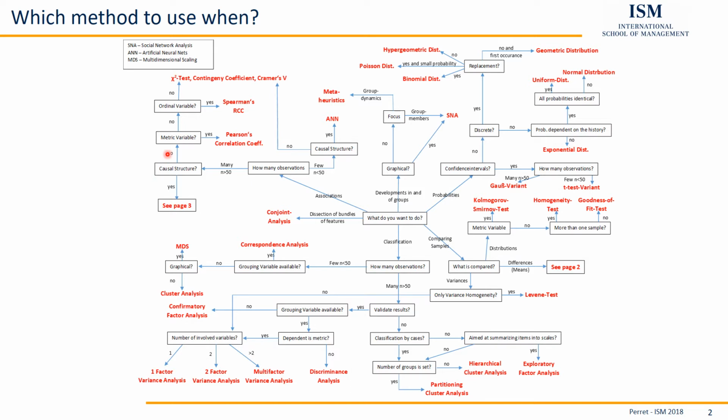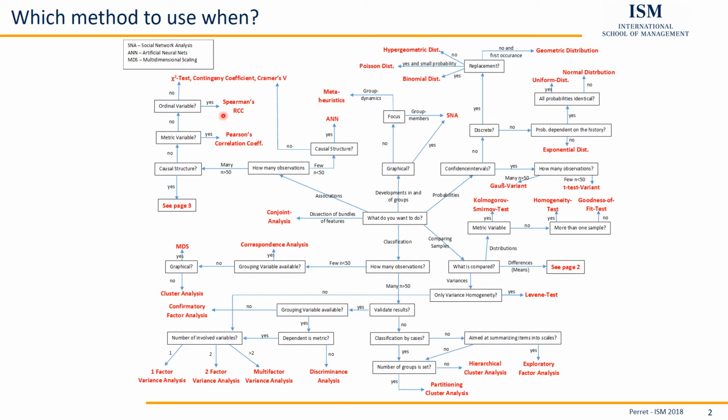So what if we do not assume some kind of causal structure? If we're only concerned with correlation or contingency, well, then the same way with the scale levels starts again. We start with, do we have a metric scaled variable? If yes, we can go with Pearson's correlation coefficient. If no, the next question would be, is it still ordinal?